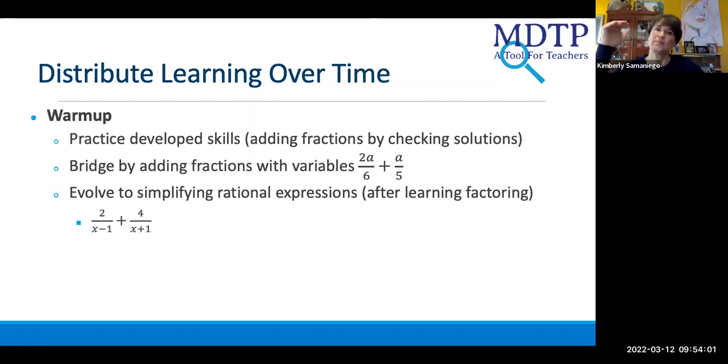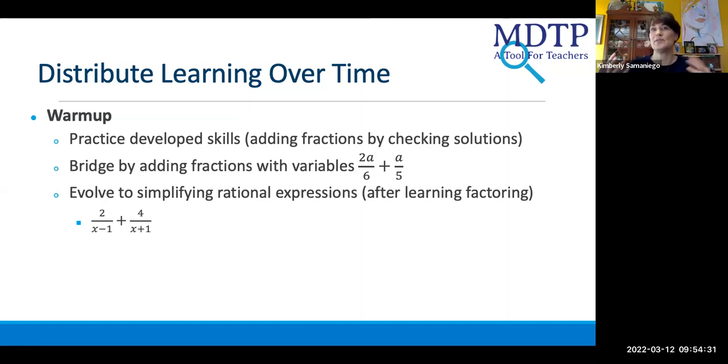Then I also kind of evolved to something that was not one of the topics. My topic was definitely not rational functions or rational expressions. But because we were using fractions every day, I bridged it in warm-ups. So I'd give a warm-up. One day would be 2/5 plus 3/4, and adding them. And then I would give the next day, as we keep going, 2a/6 plus a/5.